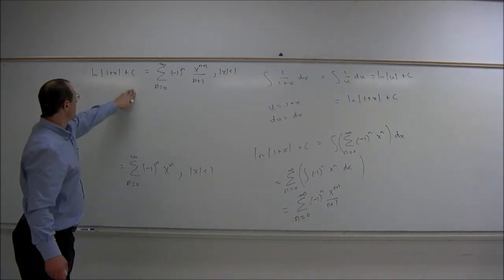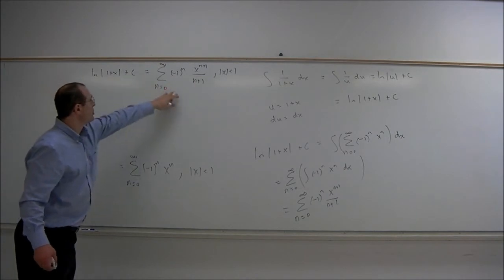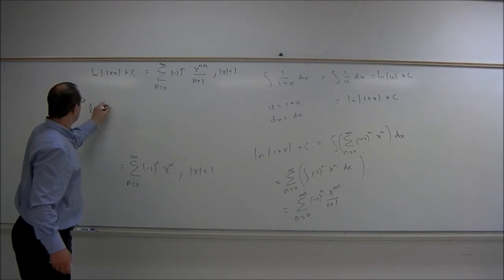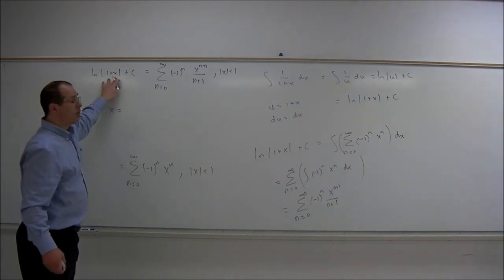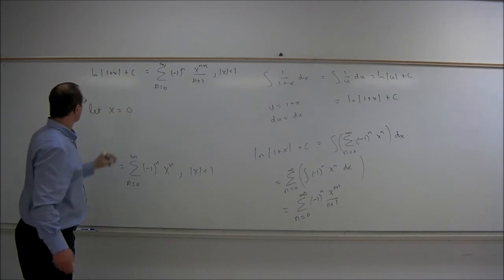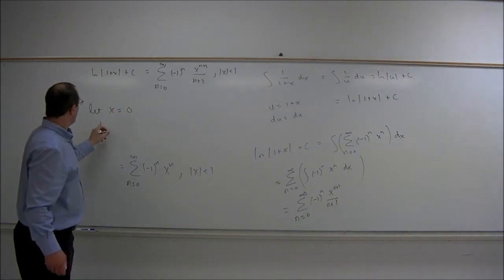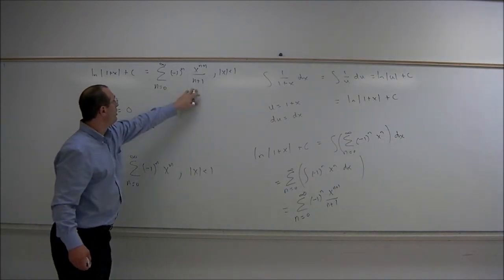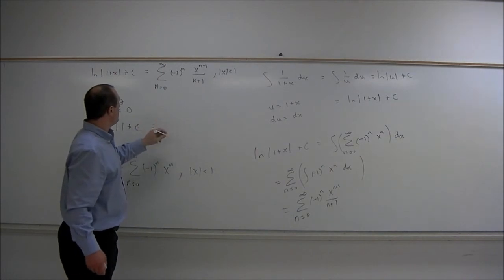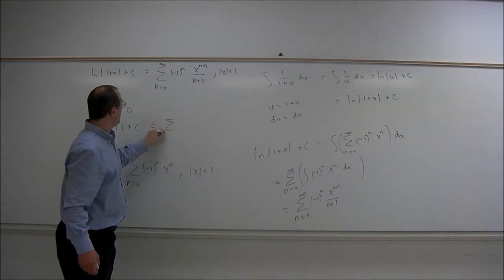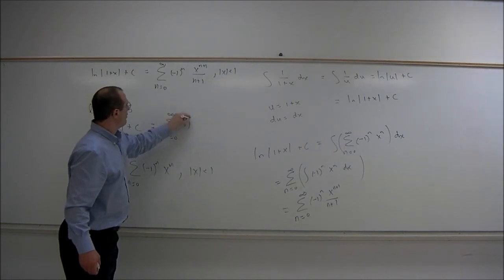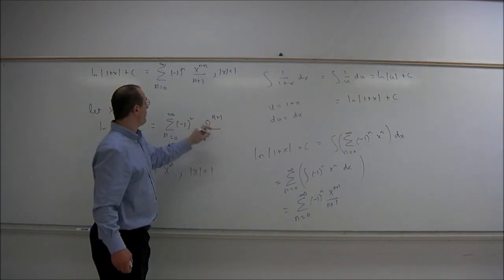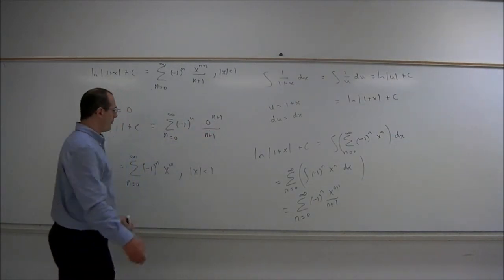But first, let's clean up this left side a little bit. Since this is a specific function on both sides, maybe we can figure out the value of c. If we let x equal 0, then we get the log of 1 plus c is equal to, if we let x equal 0 in the summation, then that would simply be the summation n equals 0 to infinity, negative 1 to the n, 0 to the n plus 1. n starts at 0, so we start at 0 to the 1, over n plus 1, that's the summation of 0.